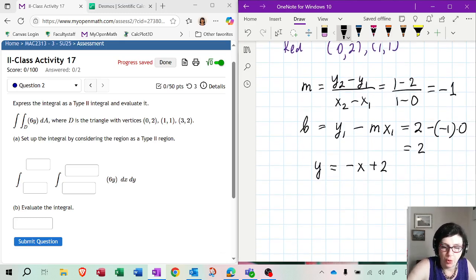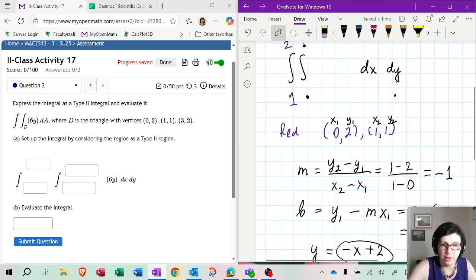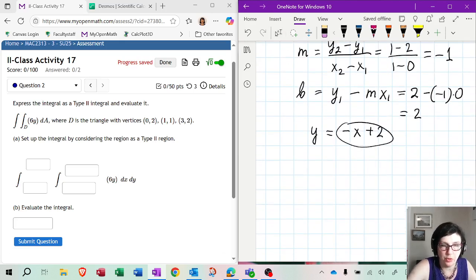So you can't just take negative x plus 2 and put it as your bottom limit here, because you want the outside variable to be there. What that means is that you have to re-express this equation as x equals something of y rather than y equals something of x. Basically, we have to solve for x.